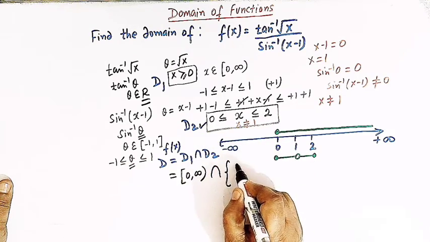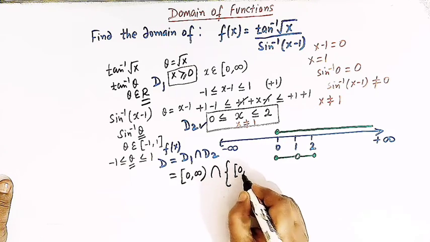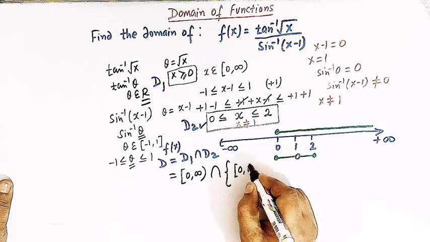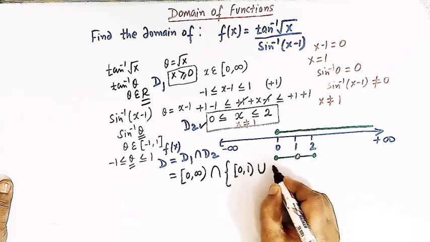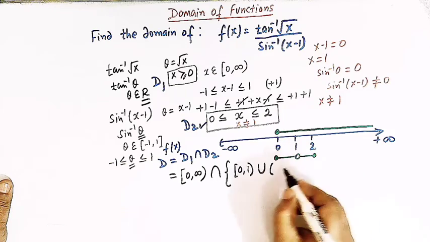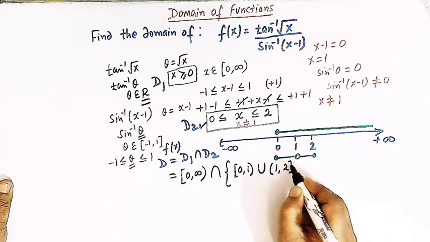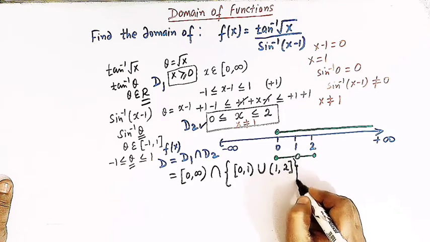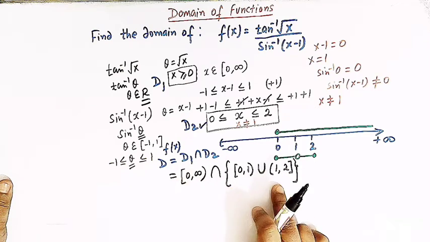So first we'll write here 0 to 1. So 0 is included but 1 is not included, so here it is open, right? And then we have union, and then here we have 1 to 2, and 2 is included, so here we have a closed interval, right? So D1 intersection D2 is given by this notation.